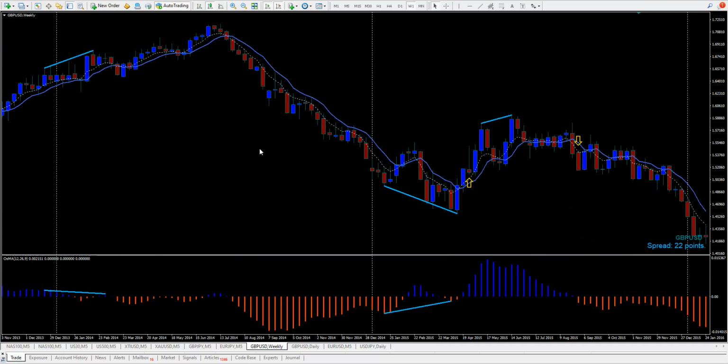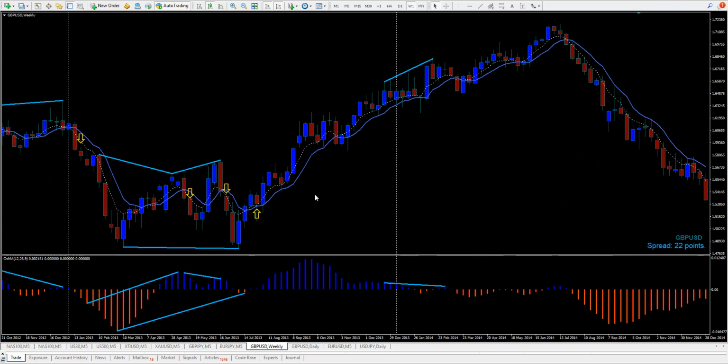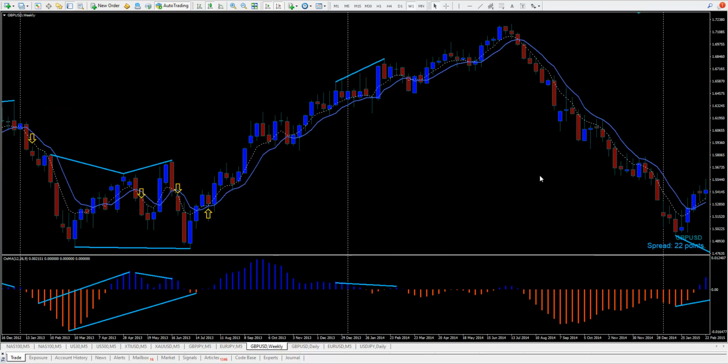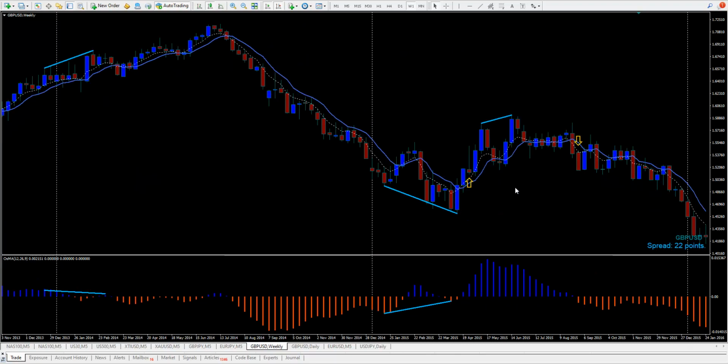Let's move on now. And what about this one? In 2013, we had 1, 2, 3, 4 trades. Can you imagine doing 2 to 4 trades per year and making thousands? Not 10 pips or 20 pips, making thousands of pips.